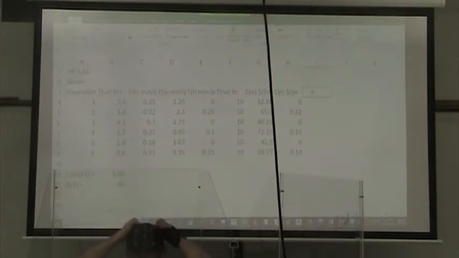All right, so it looks to me like we have to figure out the cost per batch, and that strikes me as we have to first figure out the time per batch.